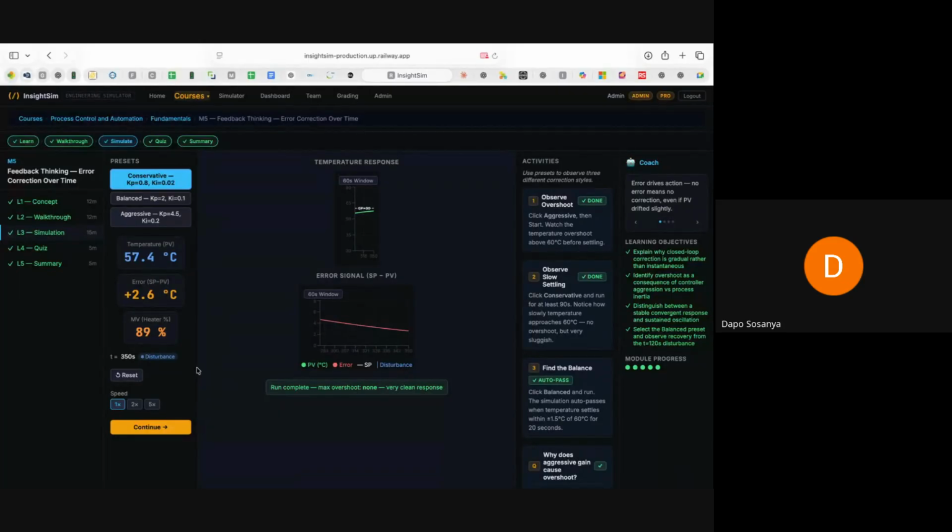So you can see that we used less energy. We used less energy to attain set points, right? To get as close as possible to the set point. And again, you can look at our error here is 2.6 degrees.